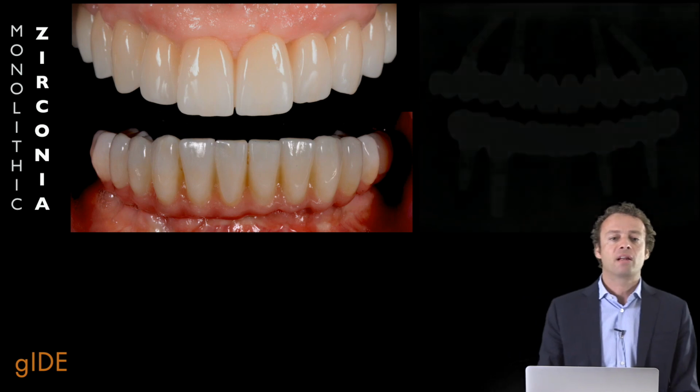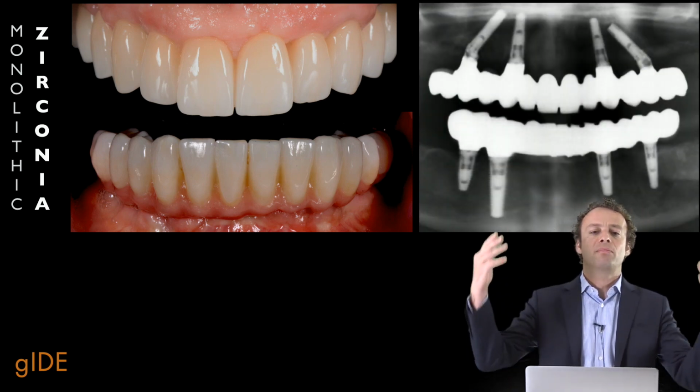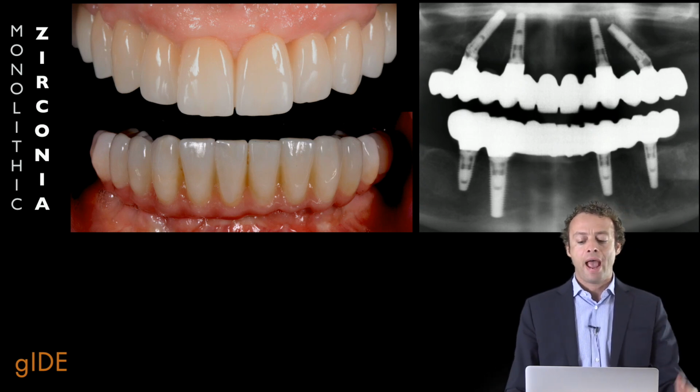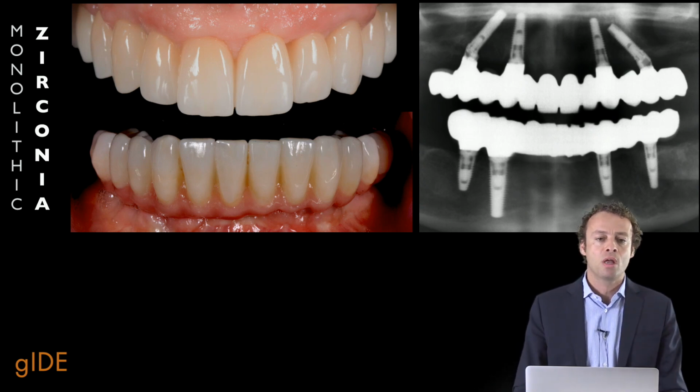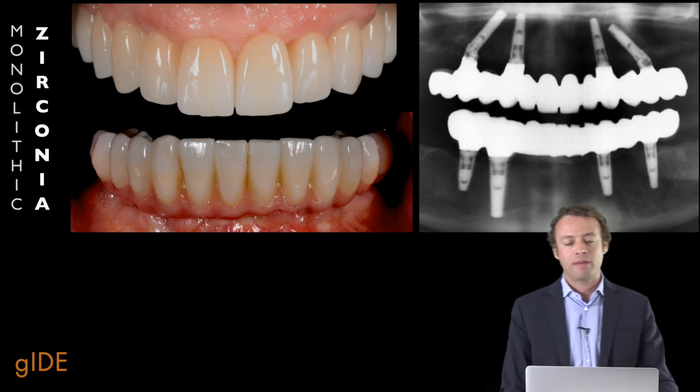And this is the final prosthetic outcome that you achieve in this situation. We have a dental bridge solution in the upper jaw without any kind of pink reconstruction, and in the lower jaw a hybrid solution, so a solution with a pink reconstruction and absolutely with a flat profile.